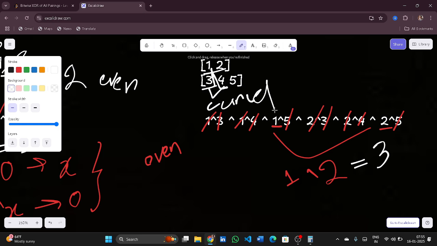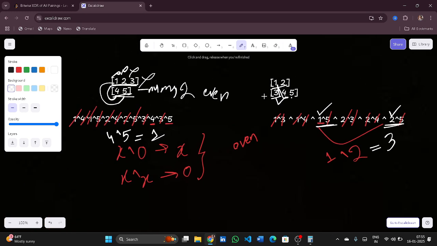So 1 appears an even number of times, so it will be cancelled out. But there is another number, 5, which is XORed only one time, right? So this will remain the same. So the first thing I got into my mind here: if nums2 is even, then nums1 will not be considered.